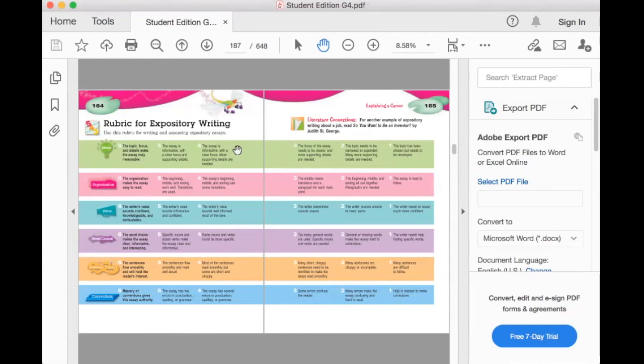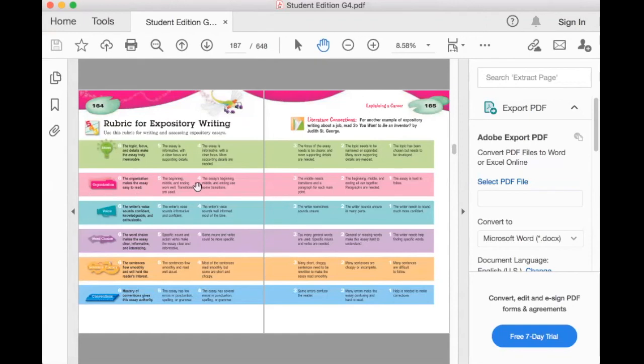But a number 6 would have been the topic, focus, and details make the essay truly memorable. So number 6 is like 100%. Do you have any questions, Carly? No. Okay, good.